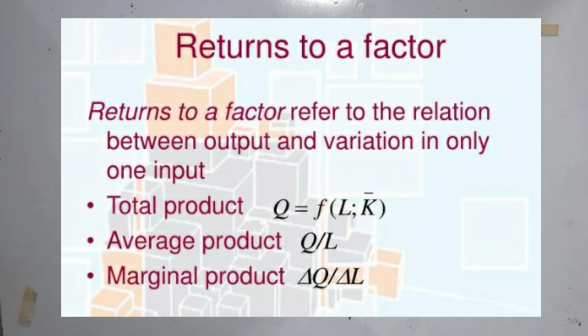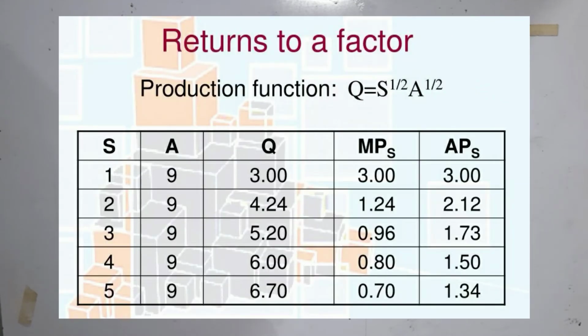So let's have this illustrated. Let's have the table. This table shows the total, marginal, and average products of steel for the production function. As you can see, aluminum is fixed at 9 units.